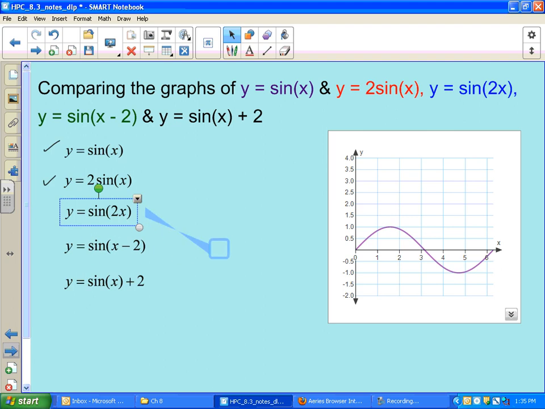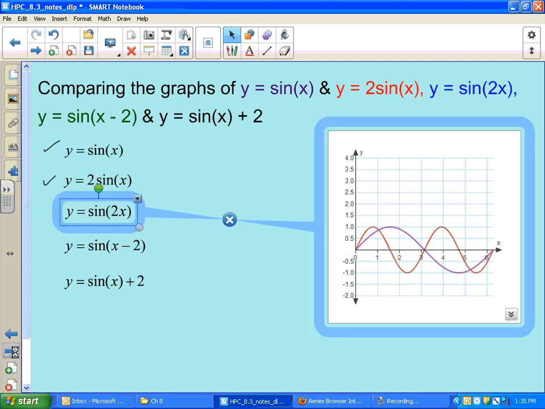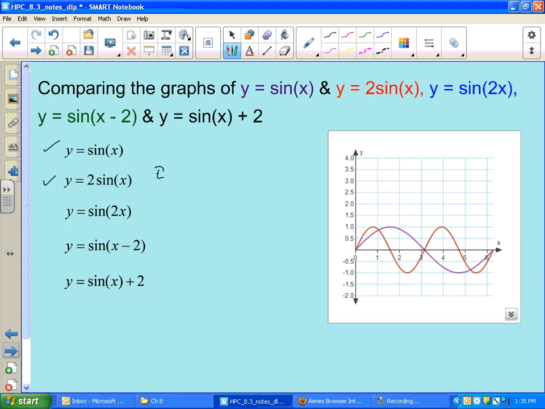Then we took a look at the B value. How does that affect the graph? It affects the graph's period. Remember that whatever the B is, it is a horizontal stretch factor of 1 over B if I'm thinking about a parent function T table, but it also helps me find the period.